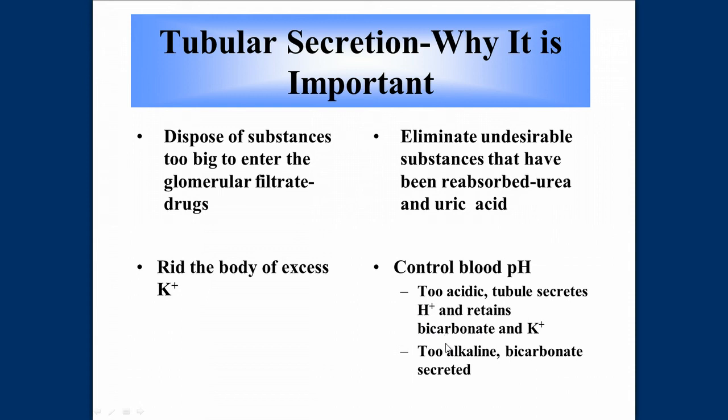When you get that Tums, it is a bicarbonate and it neutralizes acids. So if you have a higher level of hydrogens, it's going to be acidic, so it's going to hold on to the bicarbonates and the potassium and get rid of the hydrogens. If it's too basic or alkaline, it's going to get rid of the bicarbonates. Okay.